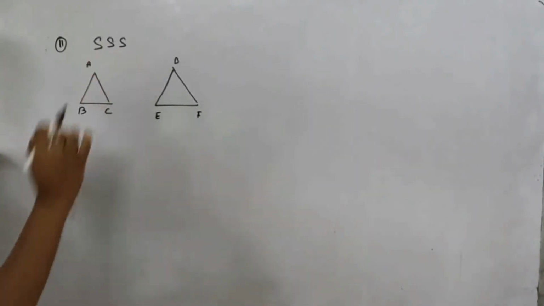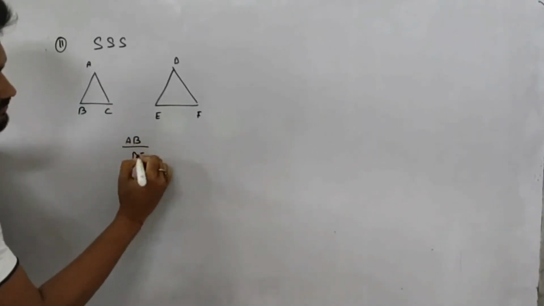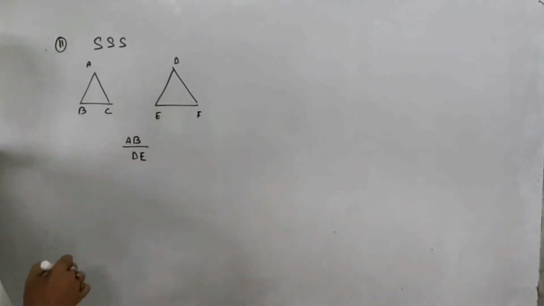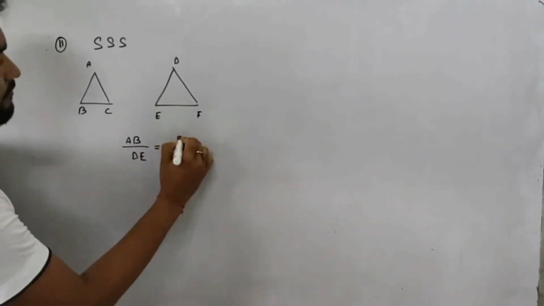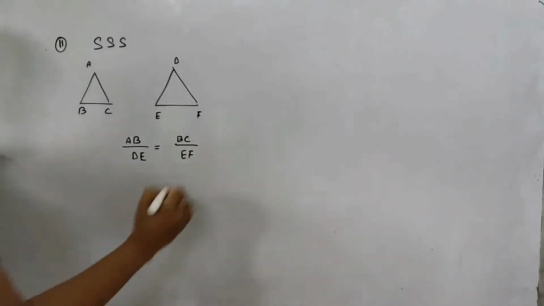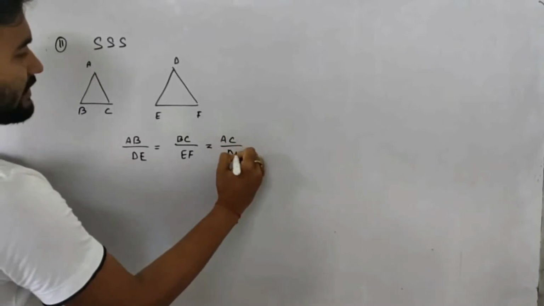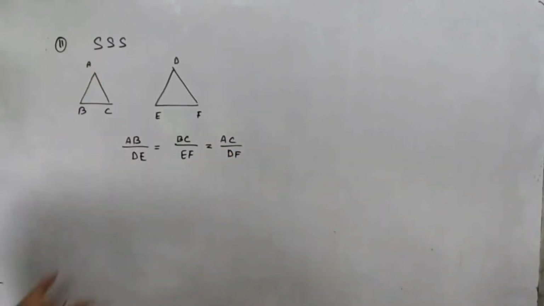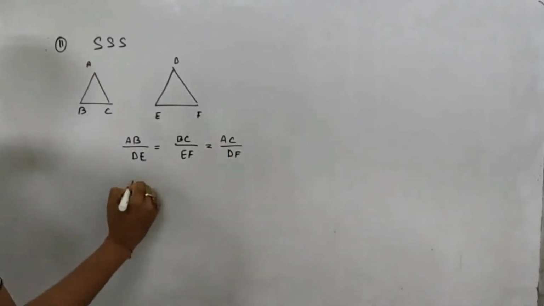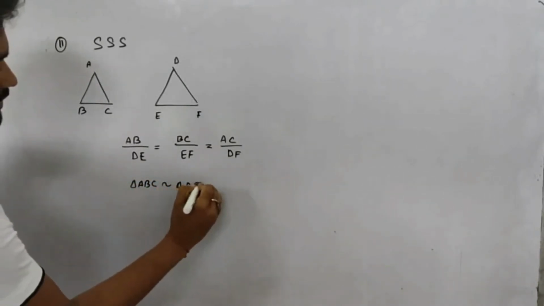So what we will show in SSS is that if AB by DE is equal to BC by EF is equal to AC by DF, then we can say that triangle ABC is similar to triangle DEF.